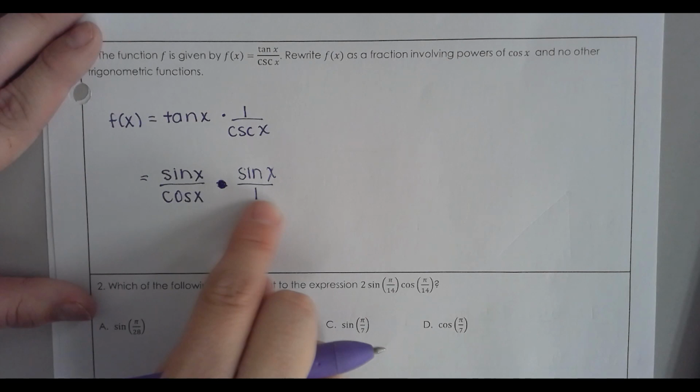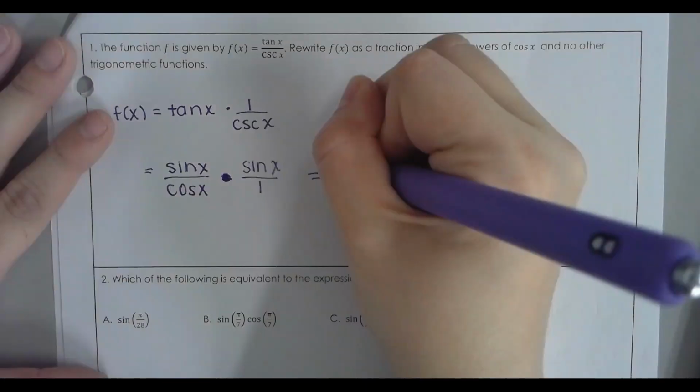You cannot cancel here. If the sine was in the numerator and denominator, you could cancel out a numerator-denominator thing, but the signs don't match. Which is sine squared over cosine x.